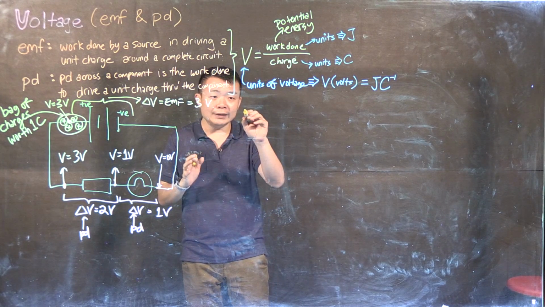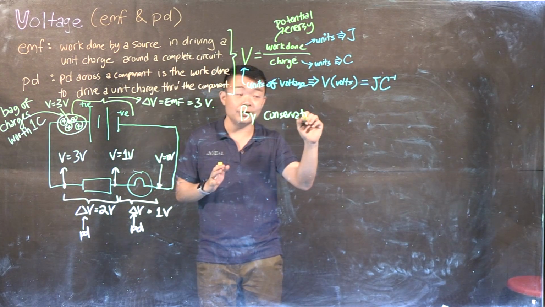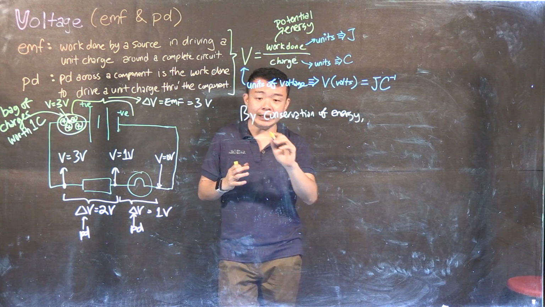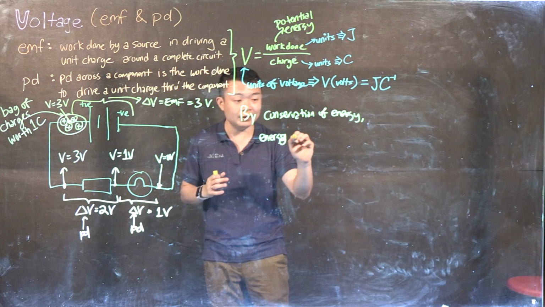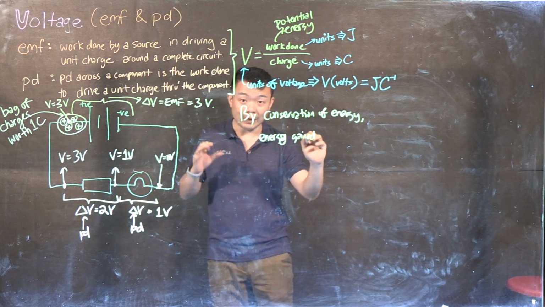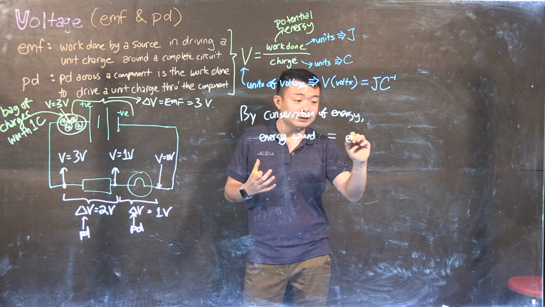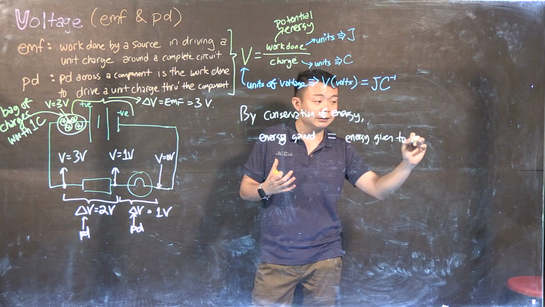So if I utilize a very simple conservation of energy on this bag of charges, you will see that the energy gained by the charges must be all given away to the components.